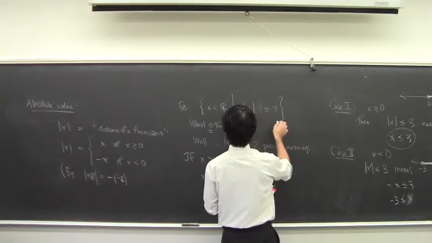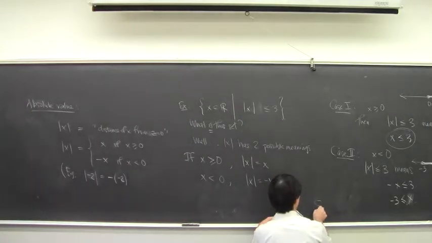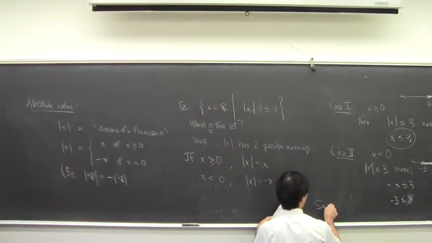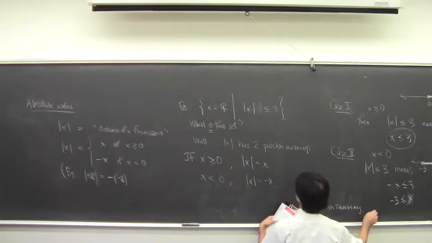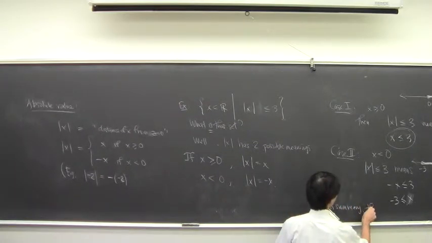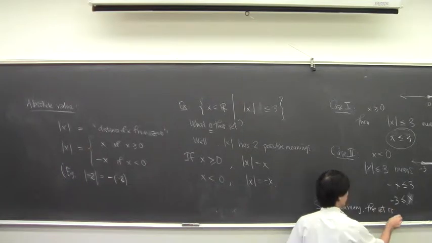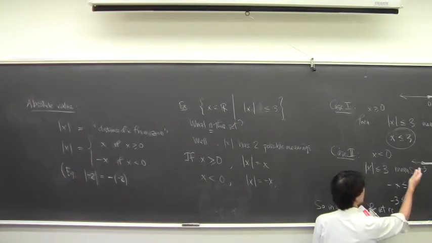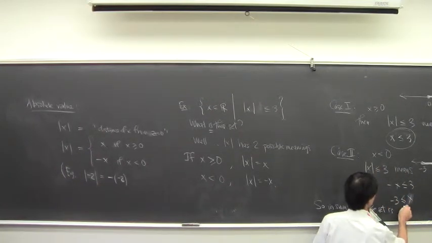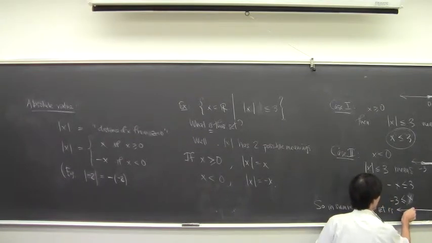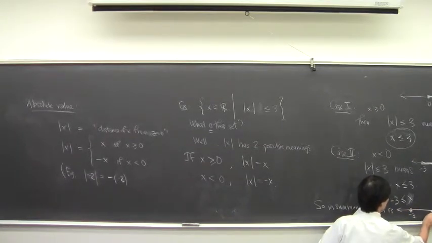And so what's the set? So altogether, in summary, this set is everything between negative 3 and positive 3, right? Drawn graphically, it's from negative 3 to positive 3, inclusive.